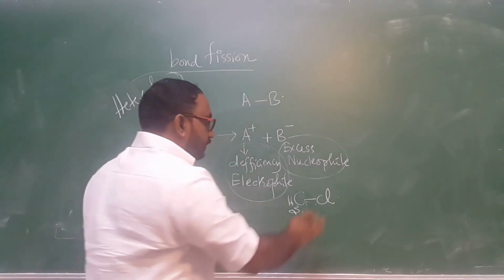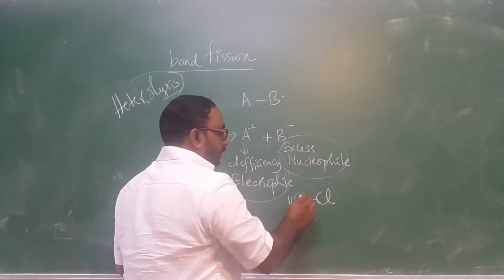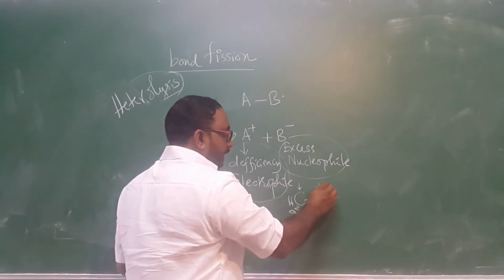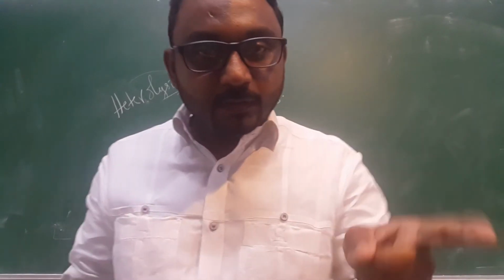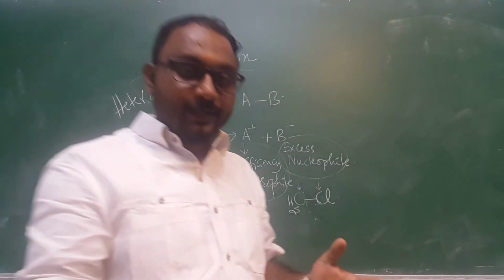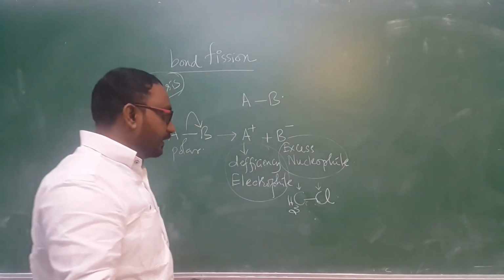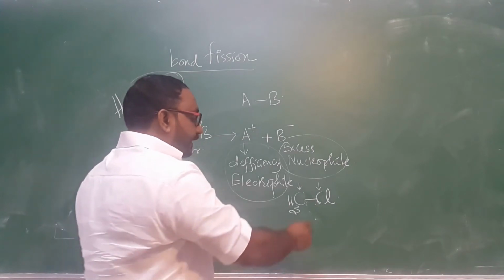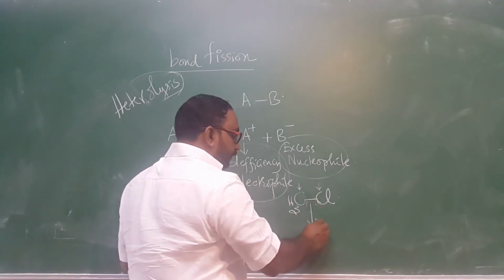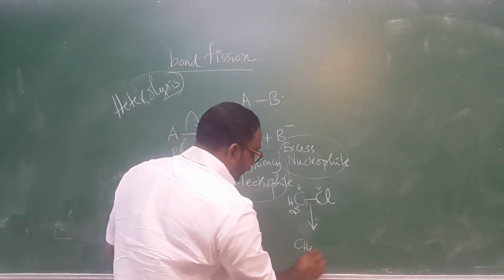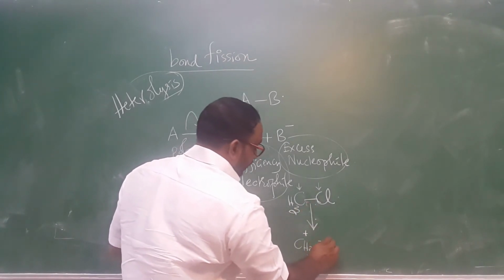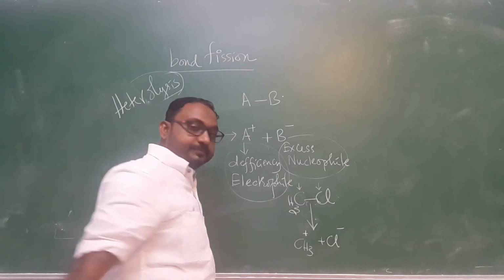You know there is a bond between carbon and chlorine. Which one will have more electronegativity, carbon or chlorine? Definitely chlorine. So when there is a possibility of fission of this bond, there will be a formation of CH3 plus and Cl minus.